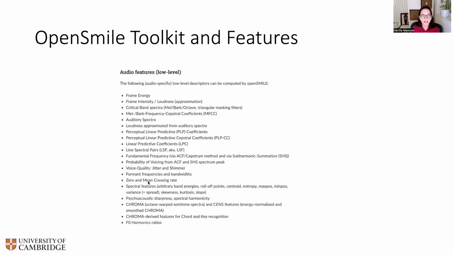One thing I should highlight, and you will see more of it in the practical, is that there are now libraries that offer you features like we've seen. You can see the list here. You probably already recognize things we've talked about, these perceptual linear predictive coefficients. You might recognize the energy. You might recognize the jitter and shimmer, the zero mean crossing, the harmonics, the fundamental frequency.